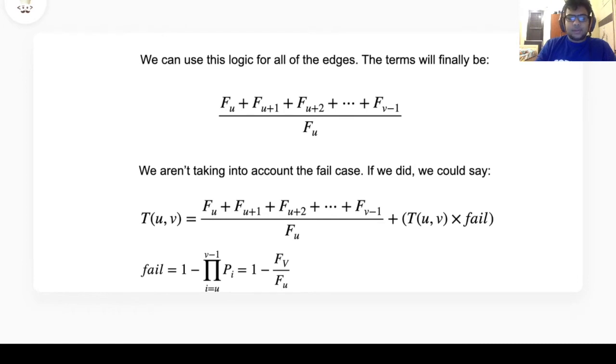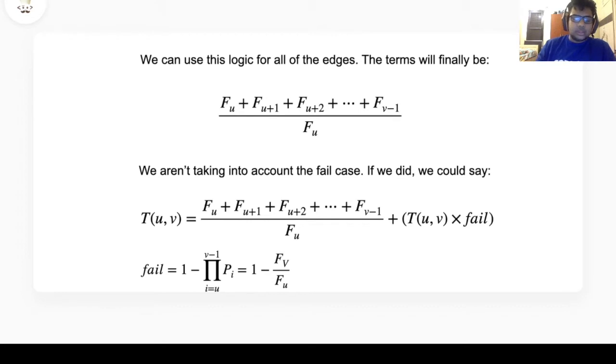Now, we obviously can't calculate this recursively because there's no base case, but just with basic algebra, first let's replace the fail with the actual probability. So the probability of it failing at some point is 1 minus the probability of it succeeding, right? So it's 1 minus the product of p i from i equal to u to v minus 1, because those are the probabilities involved in transferring it from u to v.